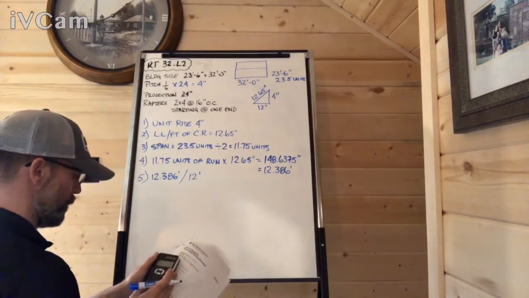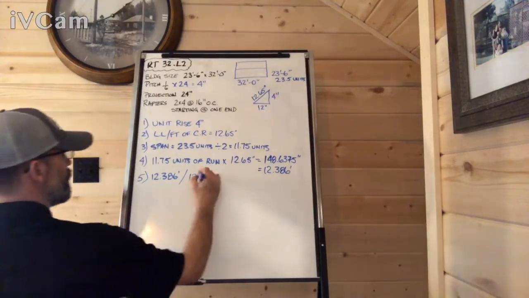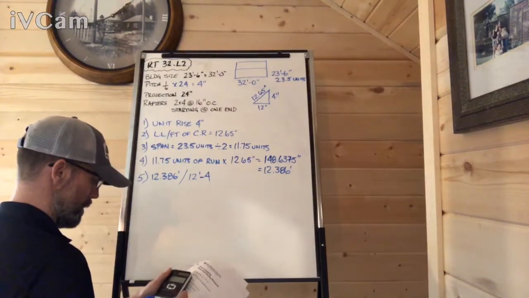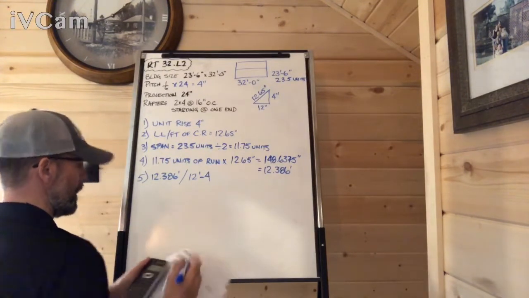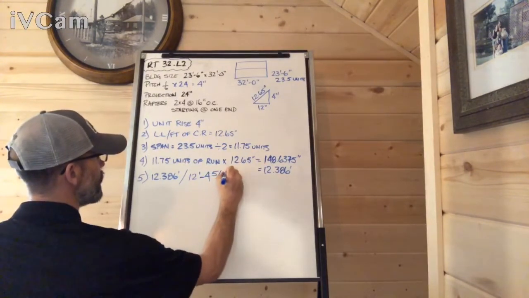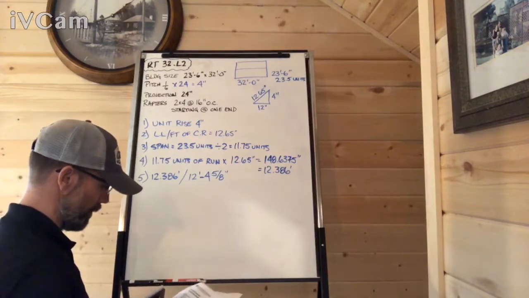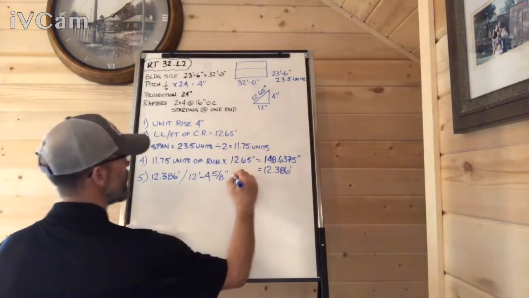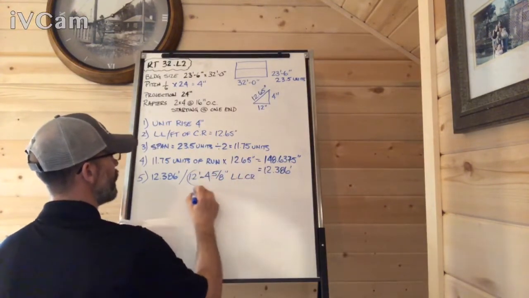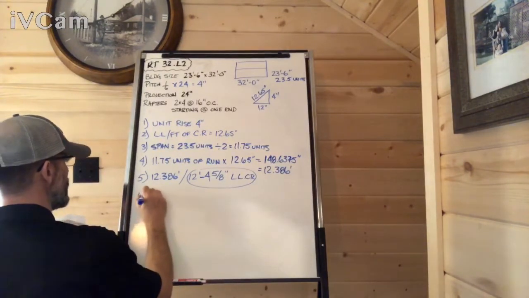So I subtract off my 12, then 0.386 times 12 to give me inches, 4 and 10/16, which I know is 5/8 of an inch. So the line length of my common rafter is 12 foot 4 and 5/8.